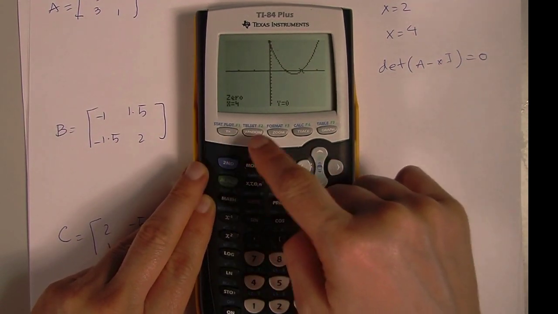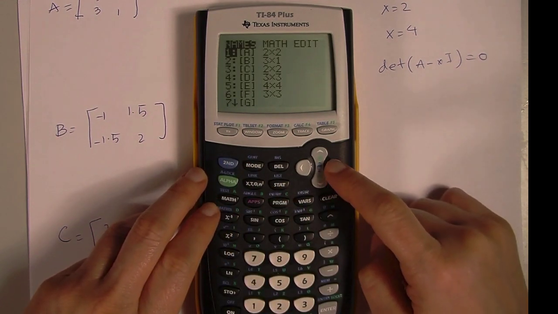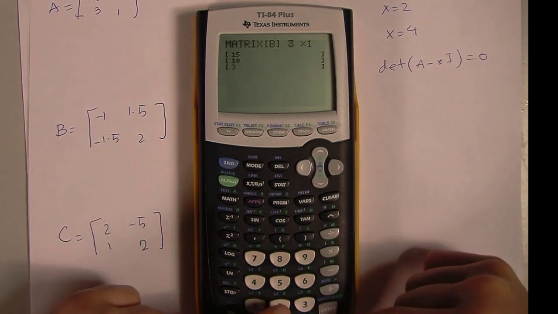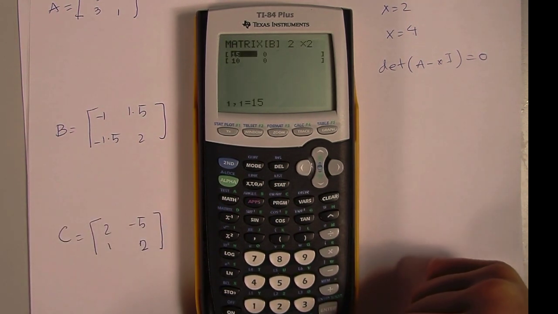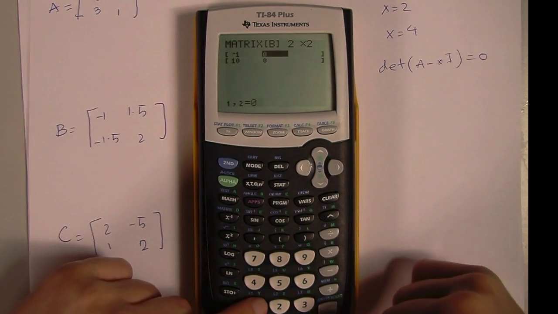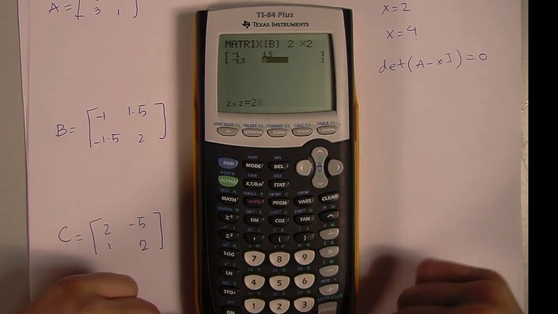So first, let's quit this environment, go back to matrix. I'm going to use matrix B in here, 2 by 2, and I'm putting in -1, 1.5, -1.5, and 2.